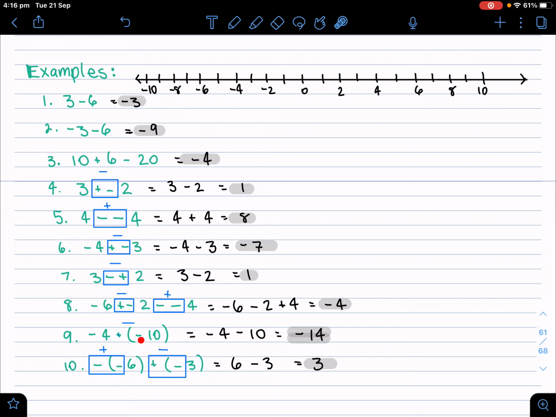The plus and the minus becomes a minus. So it's minus 4 minus 10, which is minus 14. And we do the same thing in example 10. But now we have two minuses in the beginning. A minus and a minus, they're the same, so it becomes a plus. A plus and a minus, they're different, so they become a minus. So you have 6 minus 3, which equals 3.